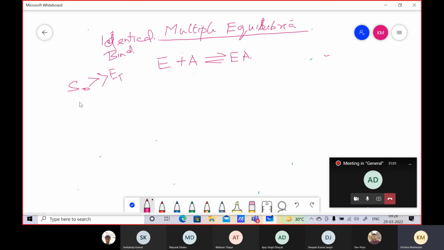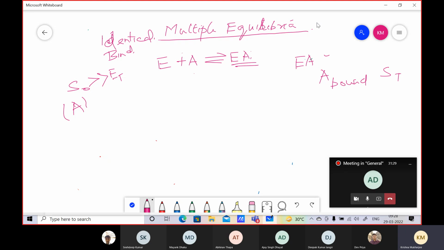If the substrate is not in far excess, the bound substrate, EA, is going to impact the total substrate ST. But we always solved it for S in excess. We never solved that, but I think it is important now.